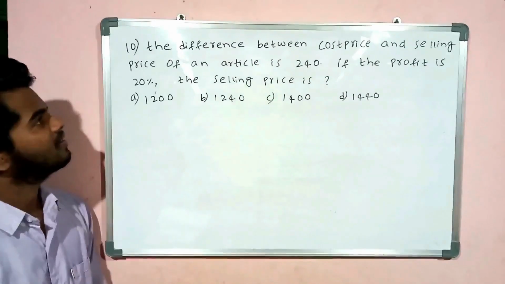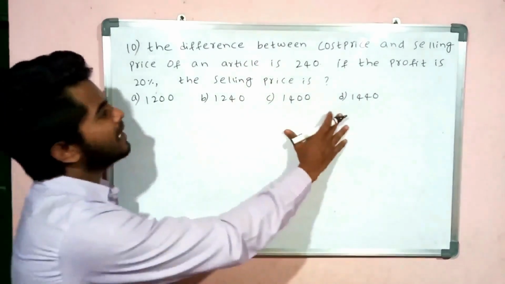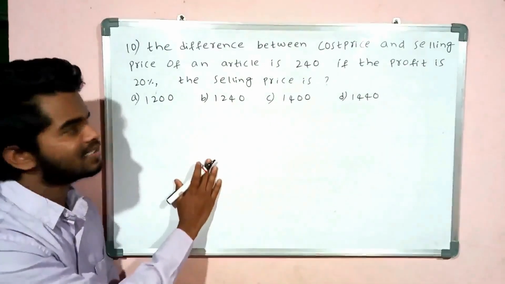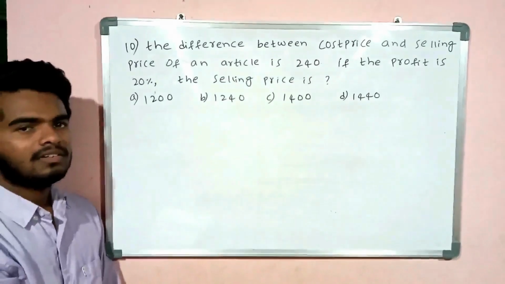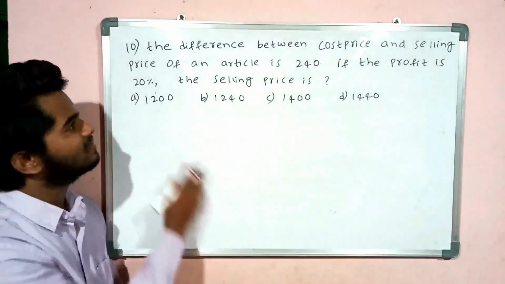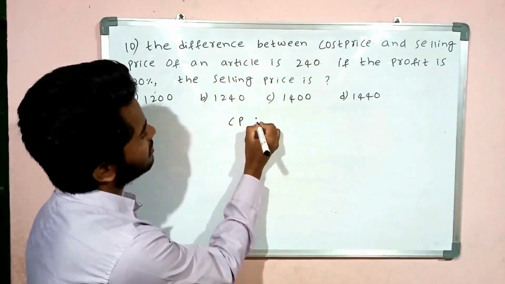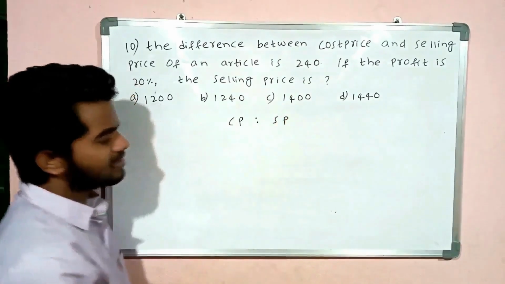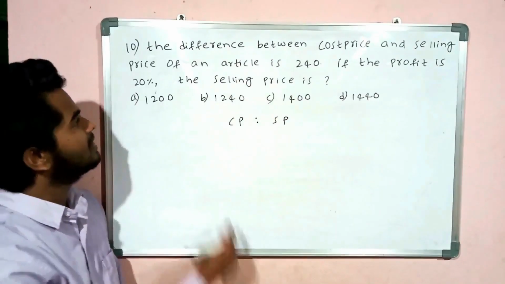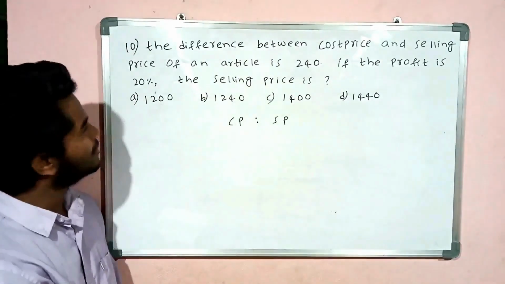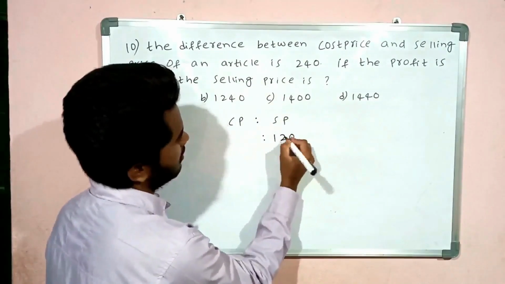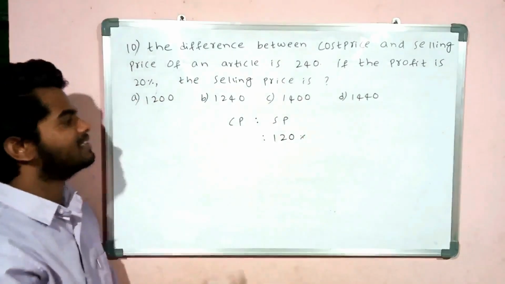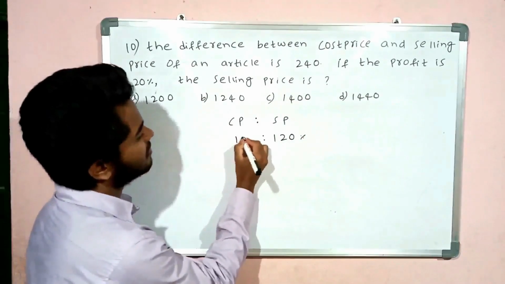Question number 10. The difference between cost price and selling price of an article is 240. If the profit is 20%, then the selling price is? Profit is 20%, which means selling price is 120% and cost price is 100%.